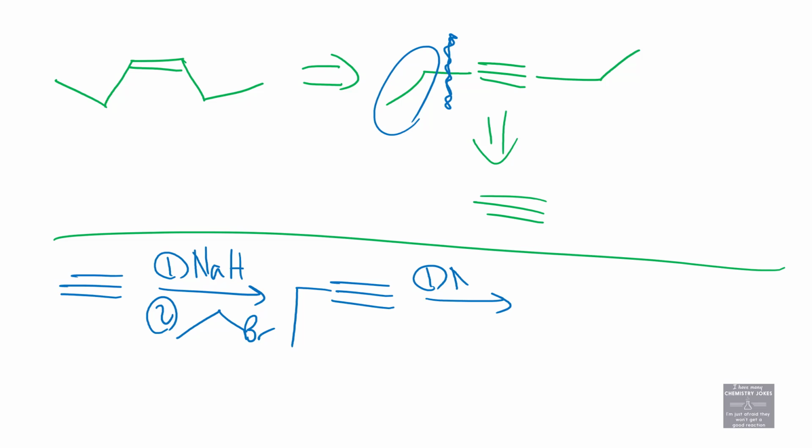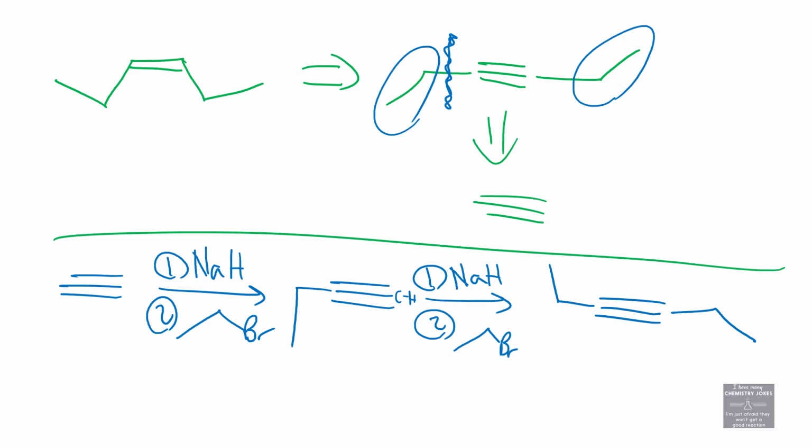This has to be a stepwise happening where I connect one side, then I connect the other. So then I pluck the hydrogen off of this other terminal alkyne end, and I add another 2-carbon alkyl halide to get me my 3-hexyne.